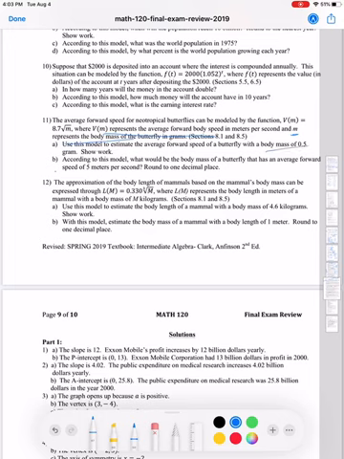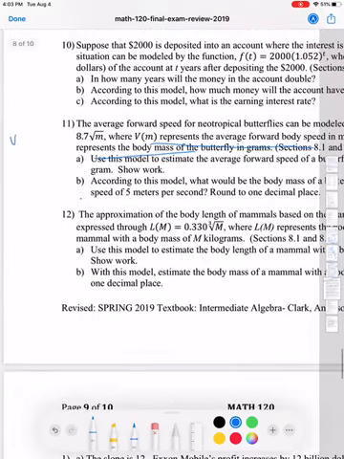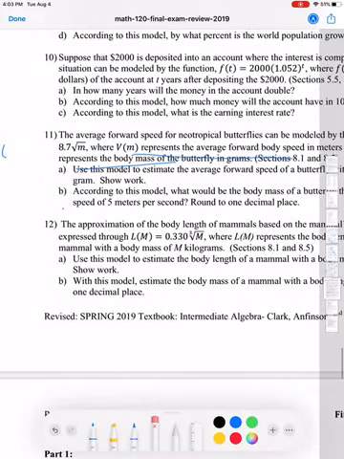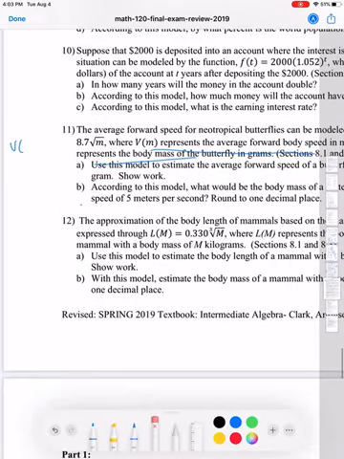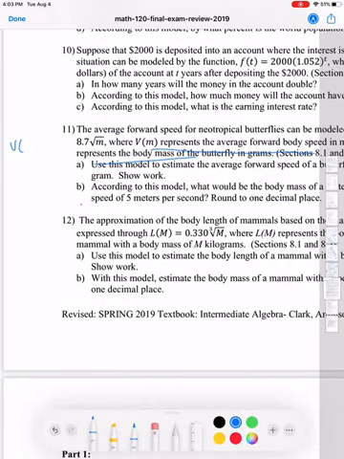So if the body mass is 0.5, we replace that in for M. Use your calculator to do this one.